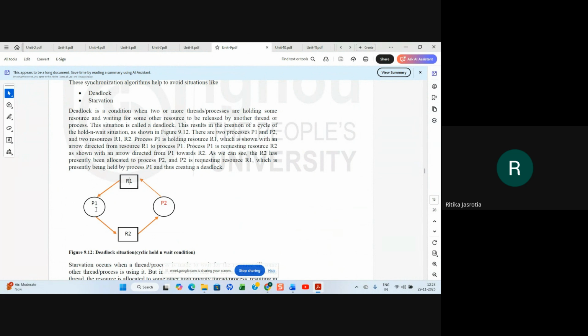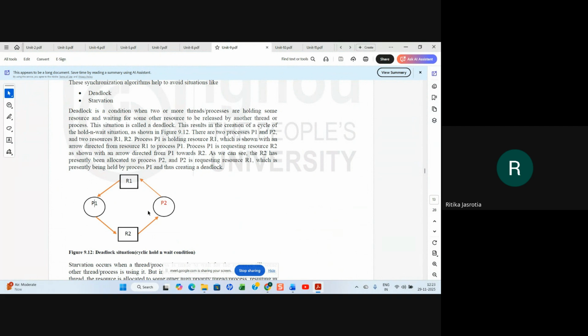R1 is accessed by P1 and R2 is accessed by P2, but to complete they require the one which is accessed by the other. So this is a deadlock situation. P1 is not leaving R1, so P2 cannot complete. P1 is not complete because R2 is accessed by P2 and it needs R2 to complete. So this is a deadlock situation.